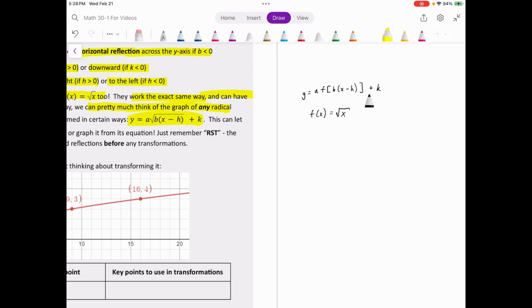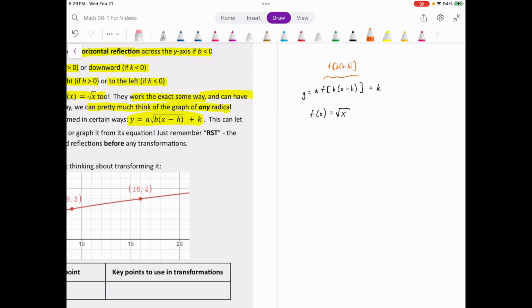To transform any function f(x), if you want to vertically stretch it, horizontally translate it, and vertically translate it, you can do these things. These are instructions. It says take the original f(x), and instead of inputting x, input b(x − h). Essentially, instead of f(x), first replace x with b(x − h).